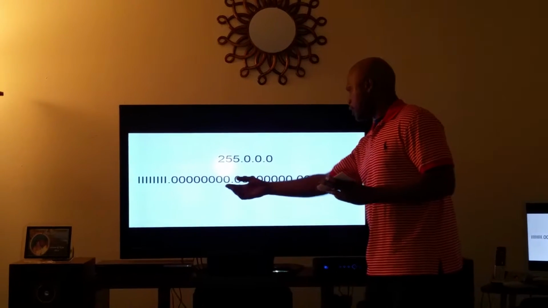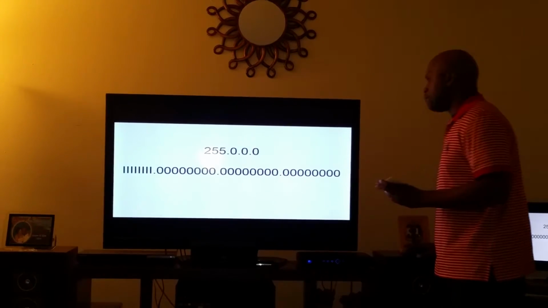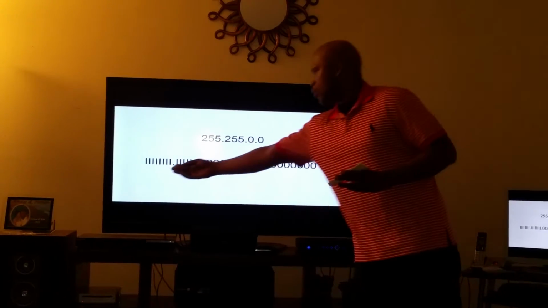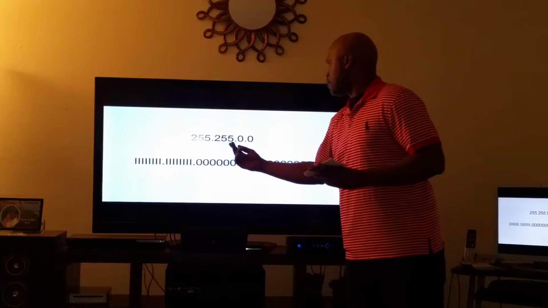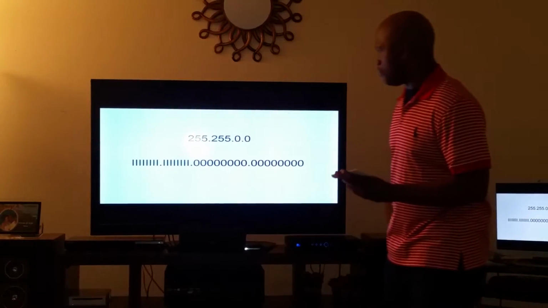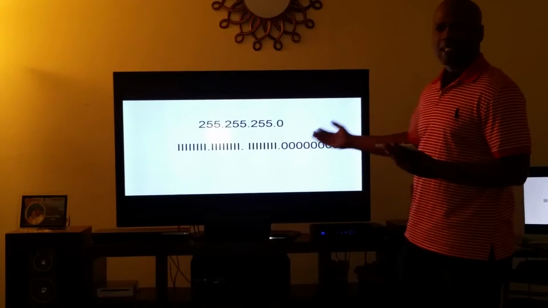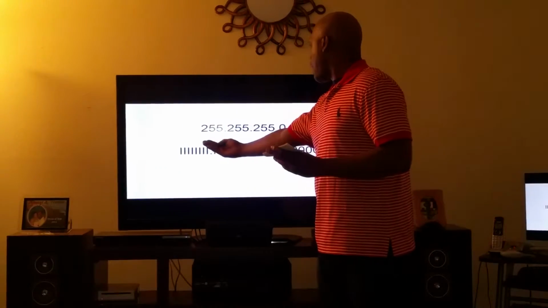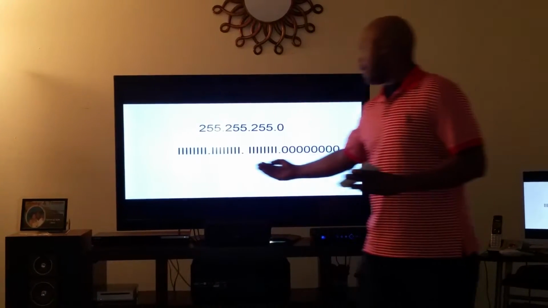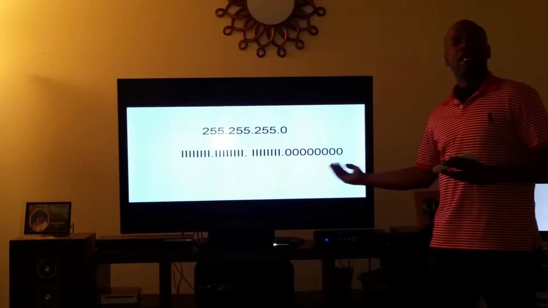So this means that all these bits are off. Class B, you have the first 16 bits on, and it's represented by 255.255, and the last 16 bits are off. In a Class C, you have the first 24 bits on, and in binary, and then the last 8 bits are off.